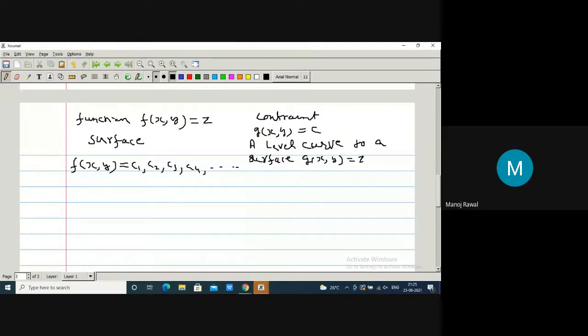And you know what level curves give us. What do level curves give us basically? Let's talk about all of them. What have you observed till now? What is the advantage of a level curve?